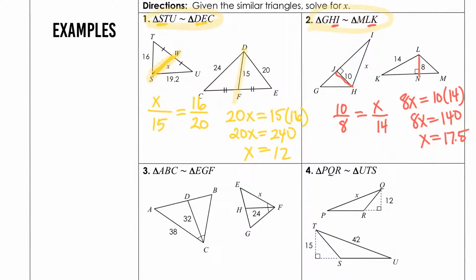So, what is the key here? The key is to make sure when we're setting our proportions up that we take the corresponding parts and match them accordingly. So what I'd like for you to do is pause this video and then work number 3 and 4 on your own. After you have worked them out, come back and check your work.